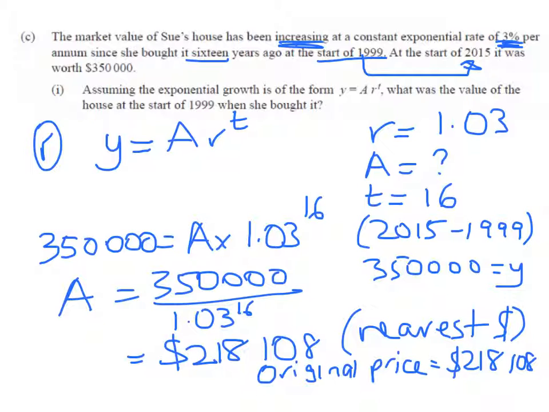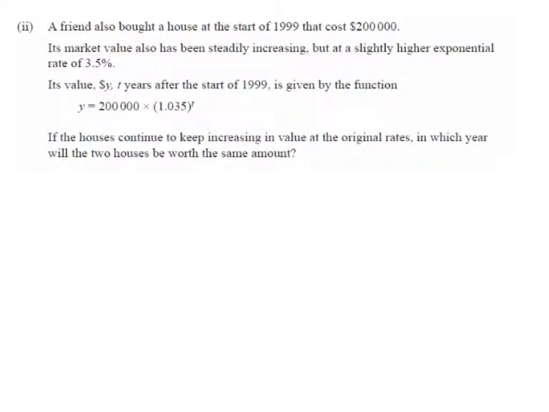Now on to the second part, which is on the next slide. Alright, a friend also bought a house at the start of 1999 that cost $200,000. Its market value has also been steadily increasing, but at a slightly higher exponential rate of 3.5%.